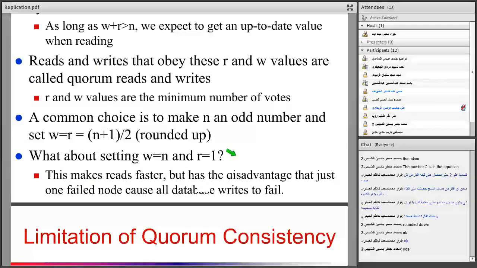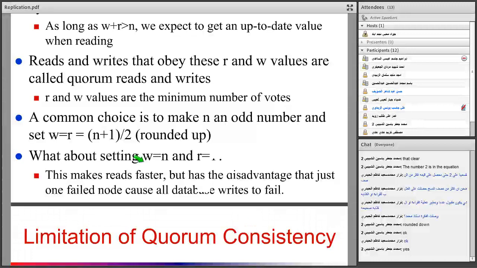But what is the challenge of this setting? When W is equal to N, when a write request is sent from any writer, all replicas should confirm the write, because the W quorum is N. So in this state, all replicas should get the write request and accept and confirm it. It's not a simple state.